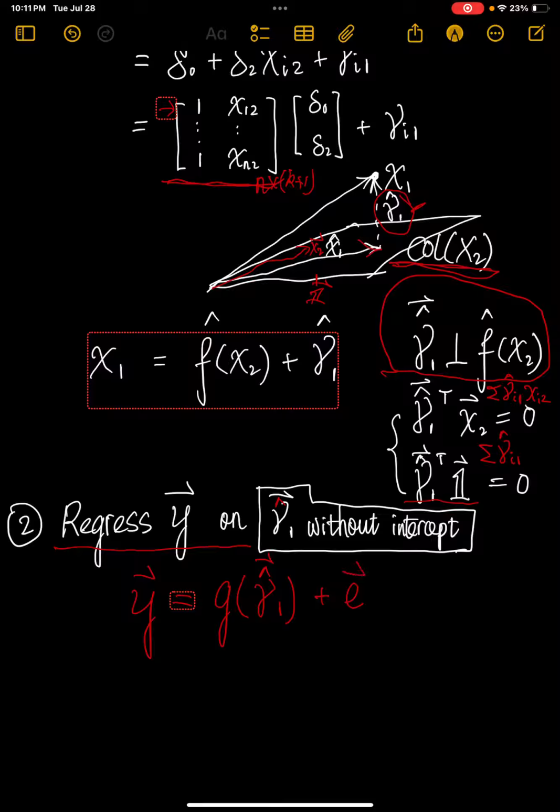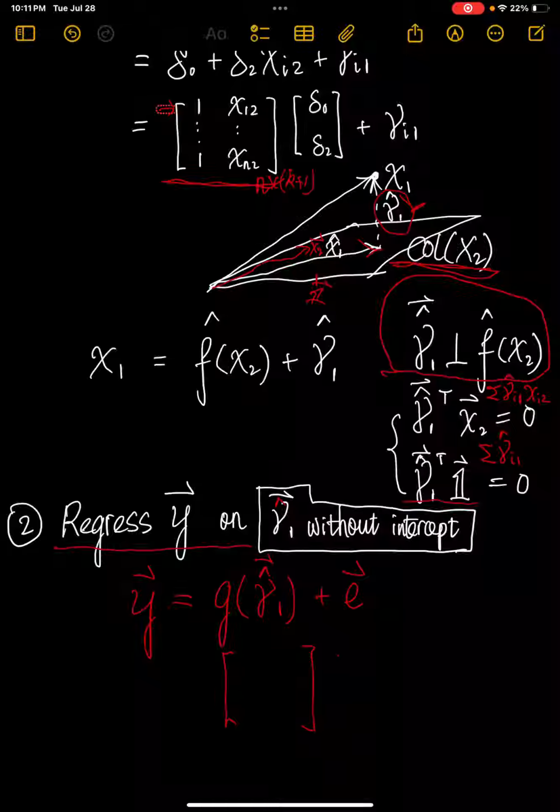So this gamma 1 we would also write as a design matrix times a coefficient, say omega, in the linear regression case.